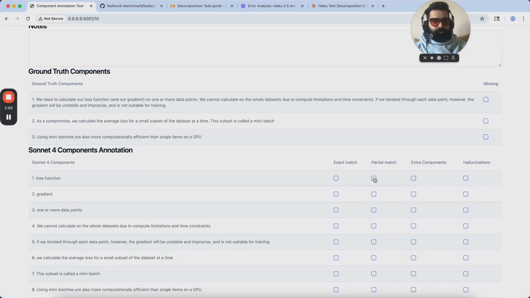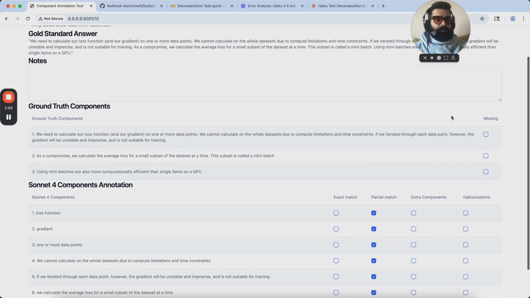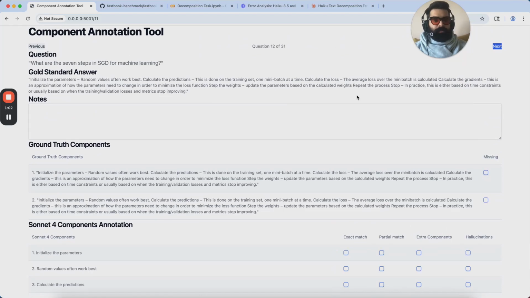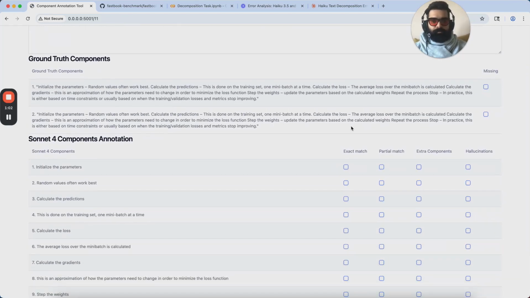Okay, this is, wow, partial, partial, partial, partial, partial. We'll call it partial. And then this is exact. And none are missing. So, I don't know. Sonnet's not really impressing me here, but hard to tell until we actually do the retrieval.